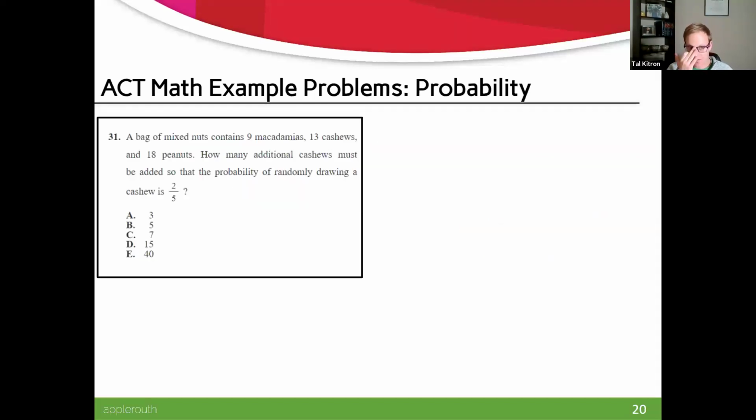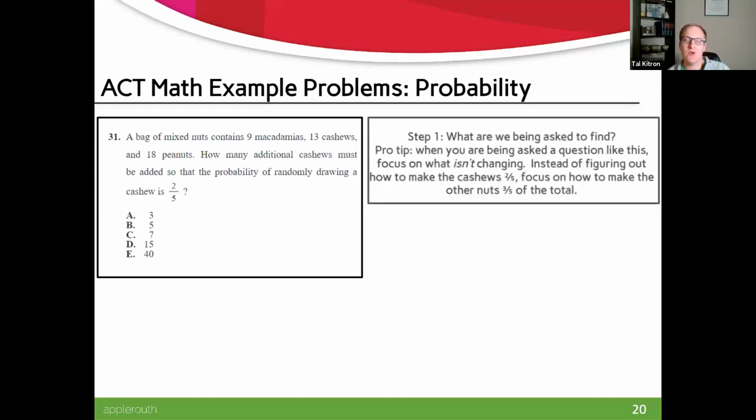Here's another example, this one testing probability. For this question, again, what are we solving for? Which is how many additional cashews must be added? So the probability of randomly drawing a cashew is 2 out of 5.